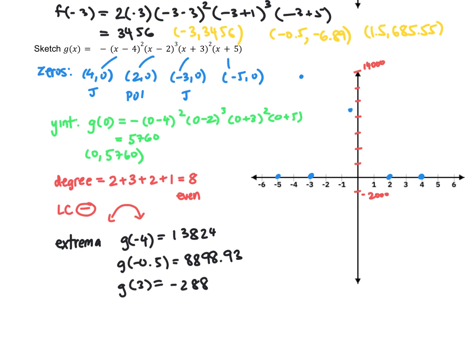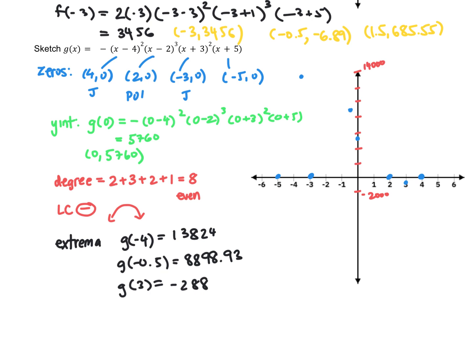Our y-intercept, 0, 5,760. So something like that. And at 3, we want to be at -288. Because of this scale, we are going to be pretty close to the y-axis, and here we are. So I have all of my points plotted. Now I just need to draw it.